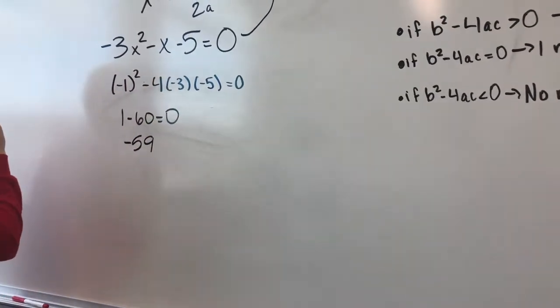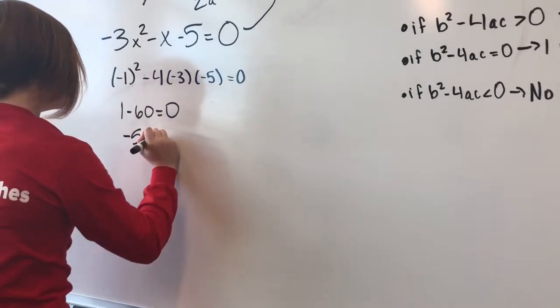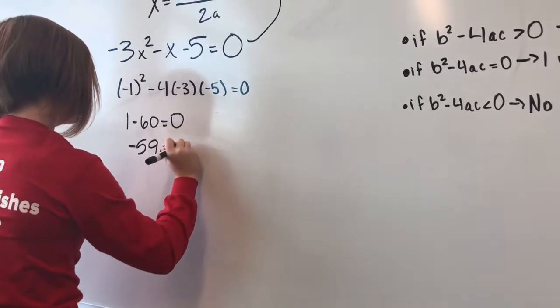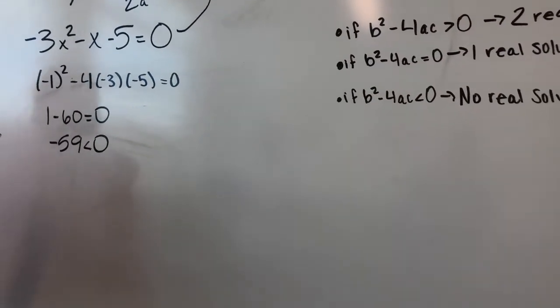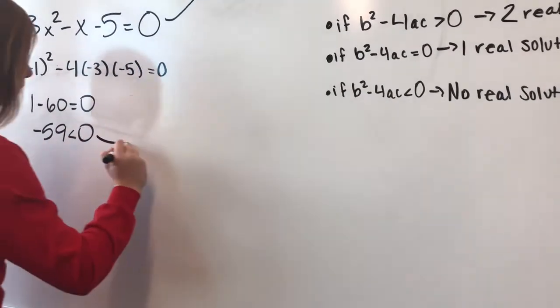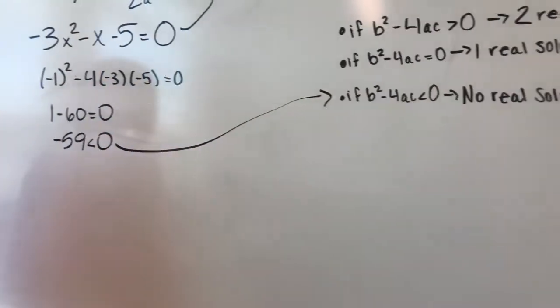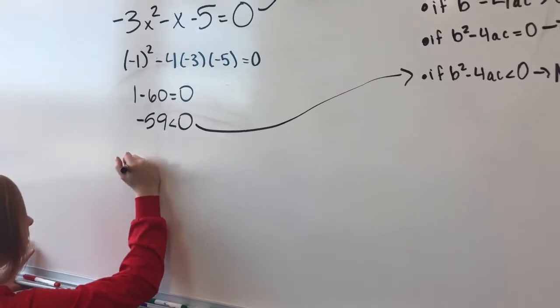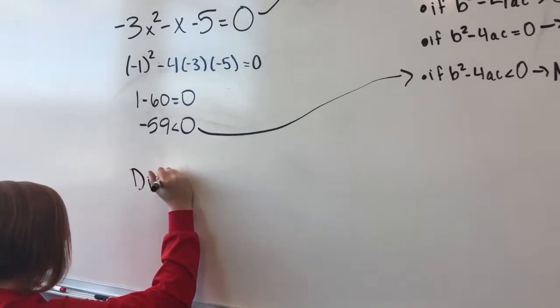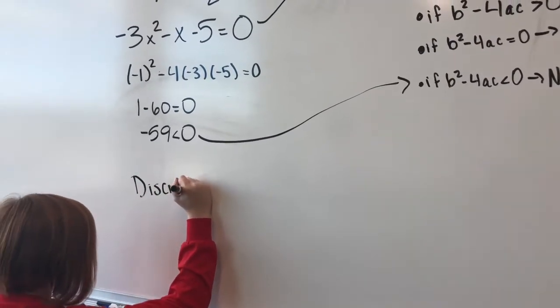So that gives us negative 59, and negative 59 is less than 0. So that applies to our third scenario, that if b squared minus 4ac is less than 0, we have no real solutions. So our discriminant is going to be negative 59.